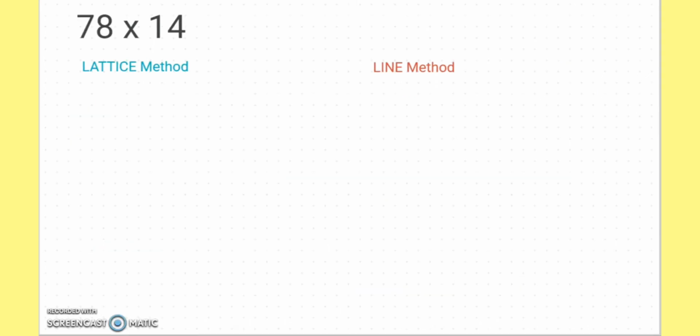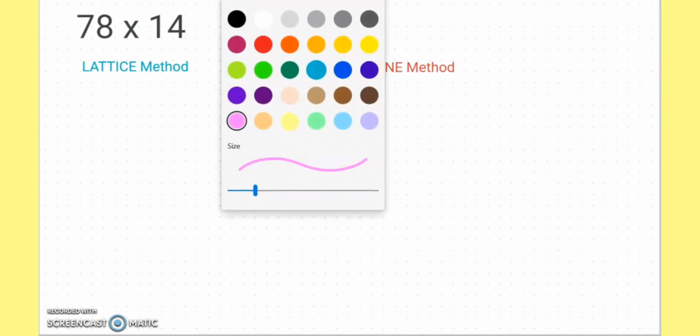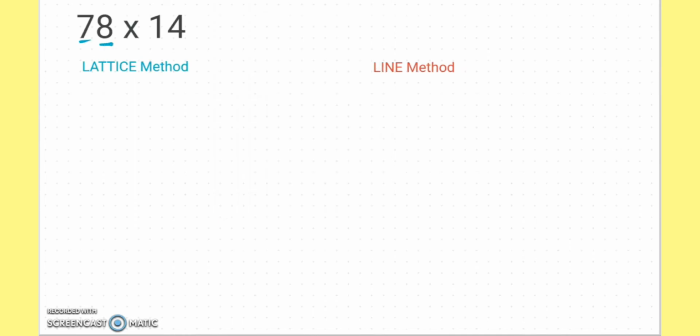Now let's have 78 times 14. For the lattice method, we'll be needing a 2 by 2 table. So we have 2 columns and then 2 rows. And there's 1 row and then the second row here.